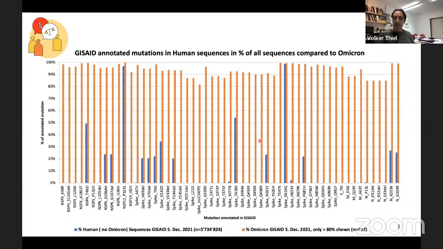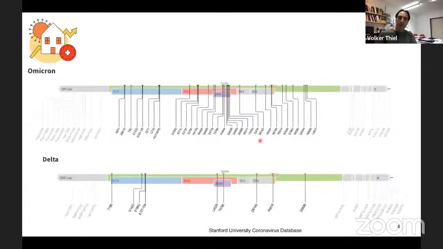That's clearly a difference, and shows essentially what Emma said, that we have this large phylogenetic distance and maybe a period where the virus or the progenitors were not detected in our system. And this also shows again what Emma already said, the high number of mutations that we have in the Omicron genome.